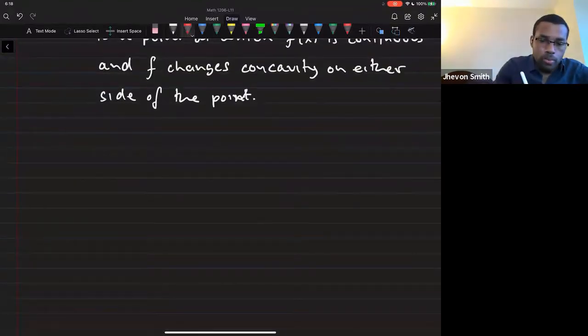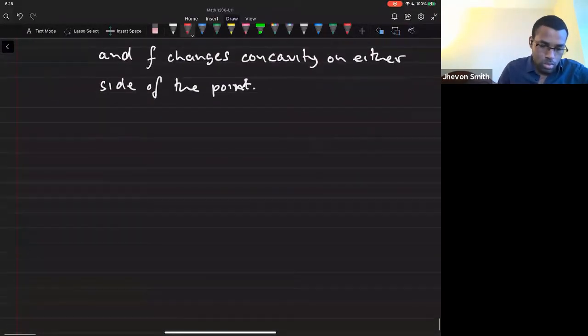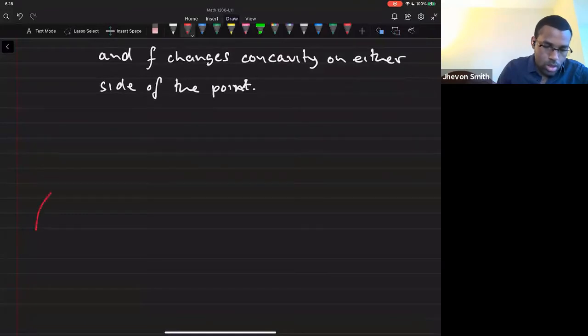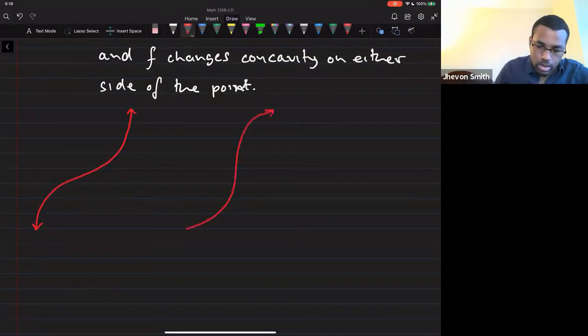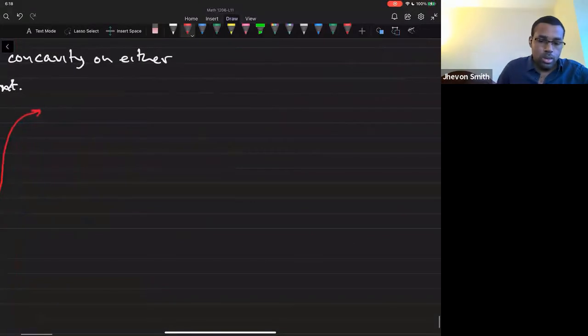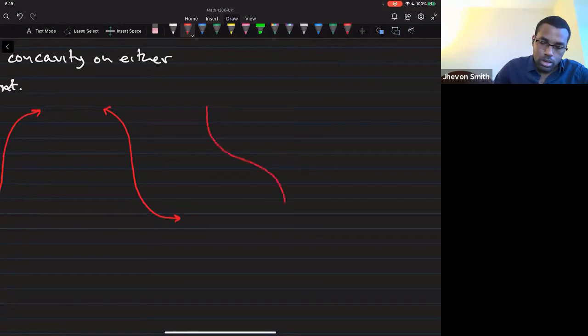So an inflection point would look something like that, or something like that, or something like that, or something like that.